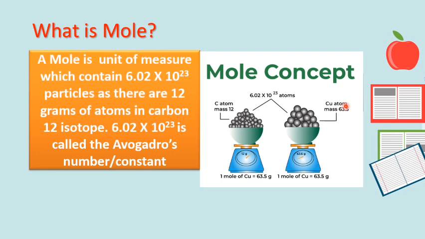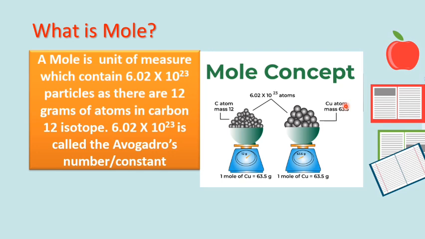Just like if we have cement, we can say we have 50 kilograms of cement. The kilogram therein is the unit of measurement when we are looking at weight. Now in chemistry too, we have units of measurement, and one of them is the mole.